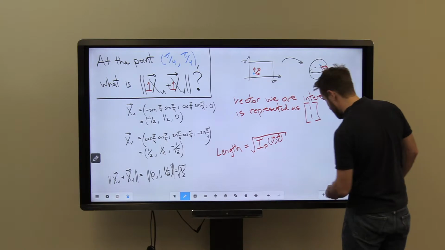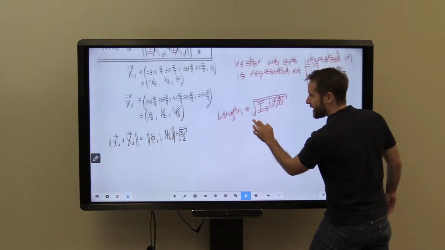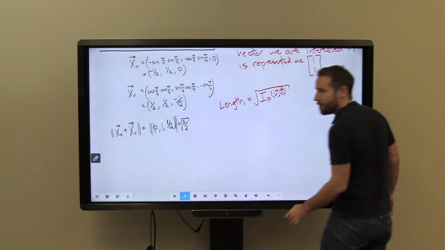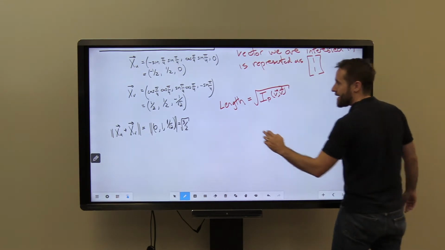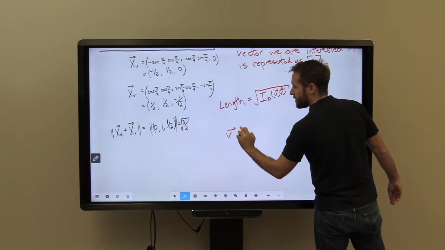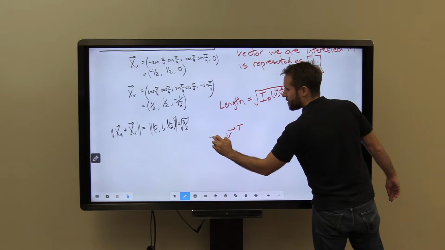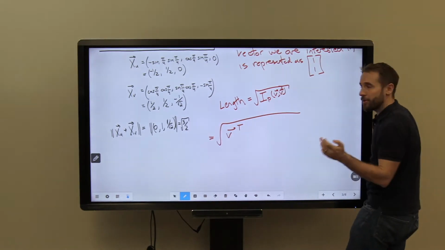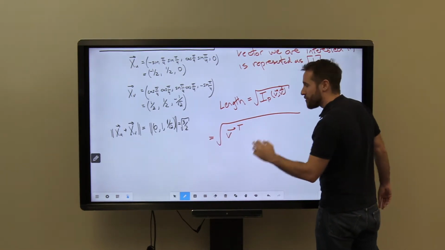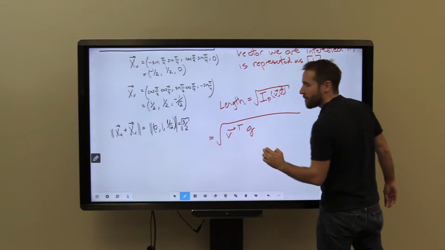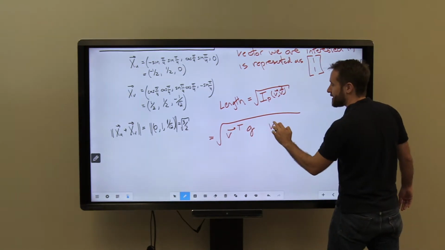Now, to compute that first fundamental form, we would take v transpose, right? So this will be the square root of v transpose times our matrix in question, G, times v by itself again.